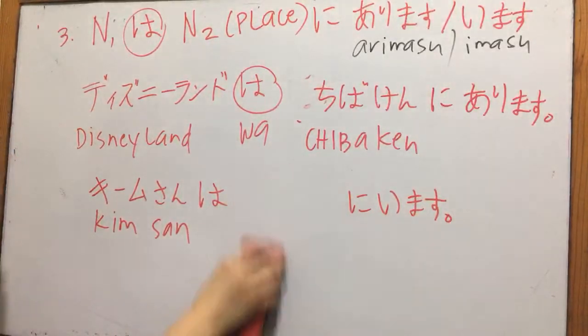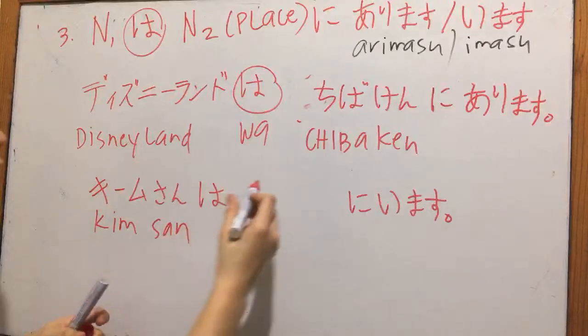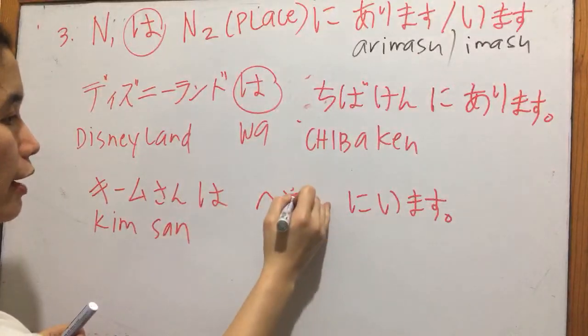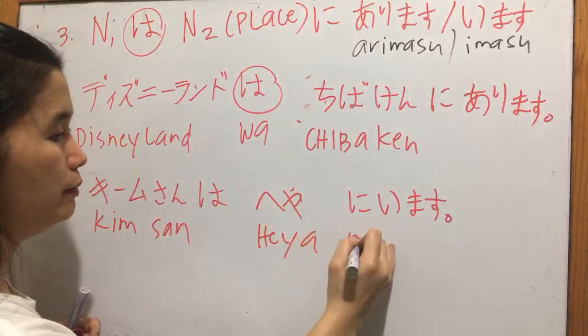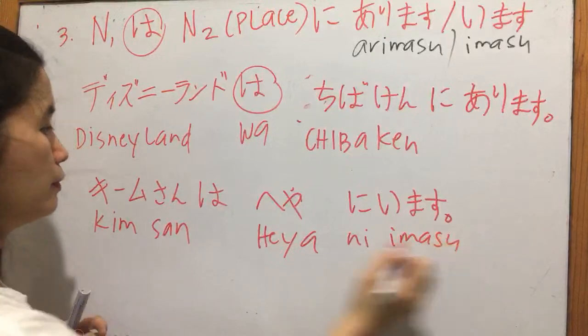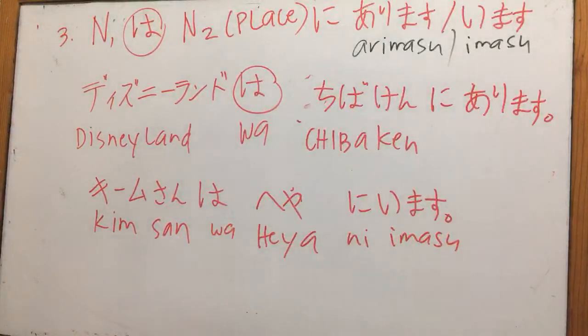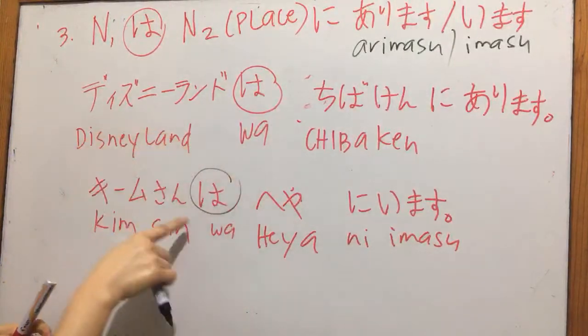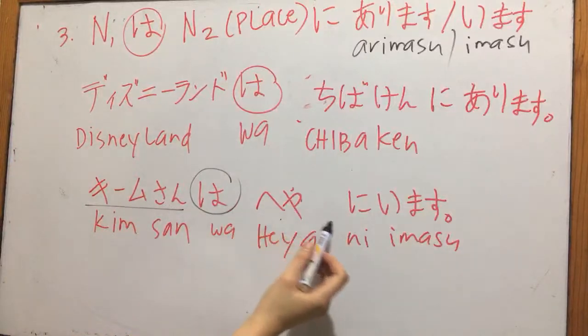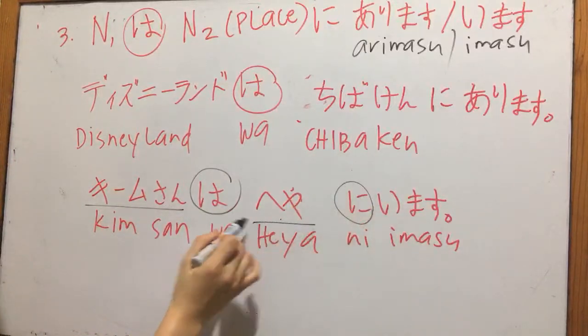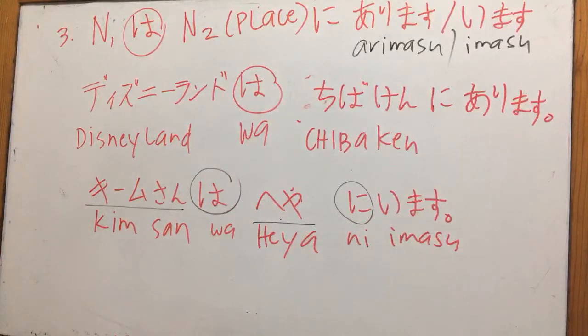Heya na lang, no? Heya is room. It's part of our vocabulary a while ago. So, Kim-san wa heya ni imasu. Again, in our pattern, our topic is Kim-san. She is in the room. Particle ni for place. The place is heya, which is room. So, Kim-san wa heya ni imasu. So, Kim is in the room.